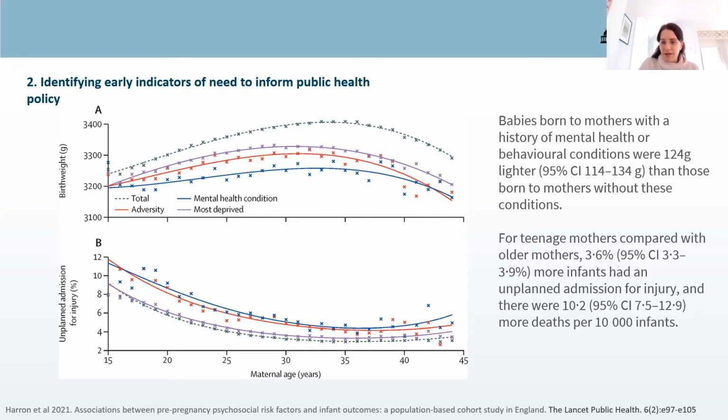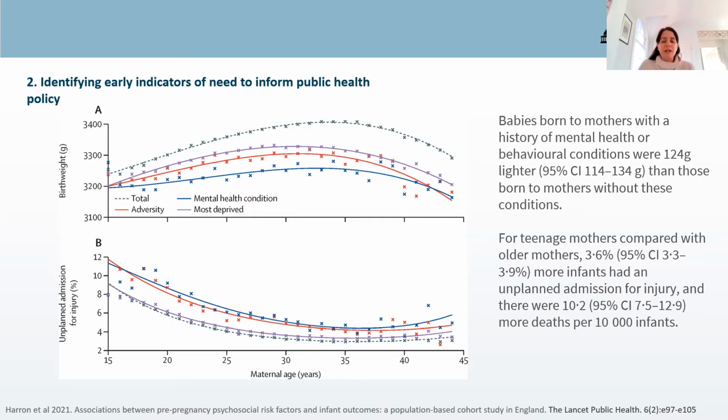But you can also see variation according to whether the mother had, pre-pregnancy, a history of mental health conditions, which is the blue line here, the lowest line for birth rate, or the highest for injuries, or for mothers who had a history of hospital admissions for adversity-related diagnoses, so violence, self-harm, or substance abuse in the 2 years prior to birth. So those are shown in the red lines on the plot.